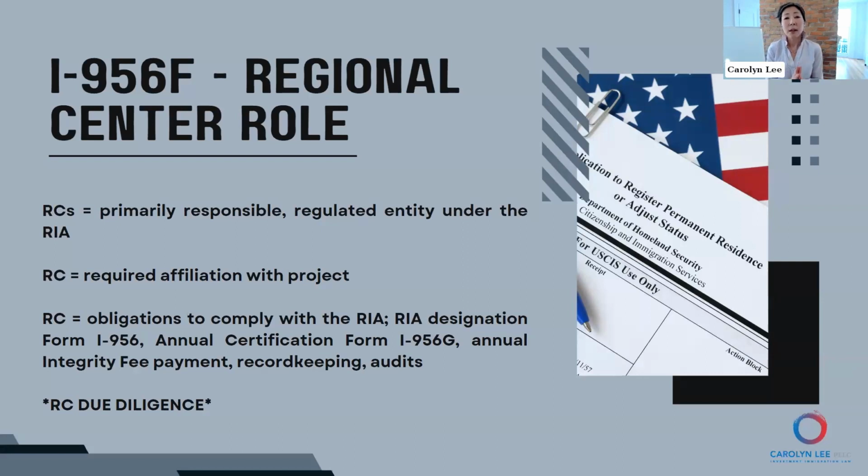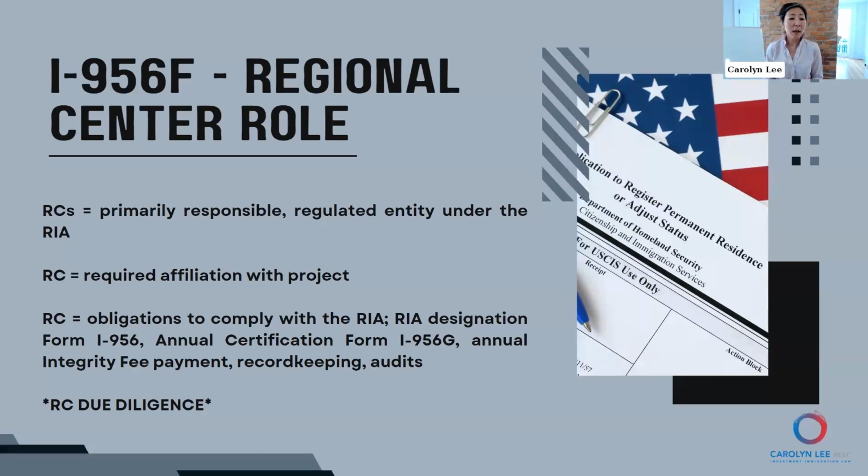So the regional center is the entity that's primarily regulated by the RIA, by USCIS. And affiliation with a designated regional center is required for that 956F or that EB-5 project.